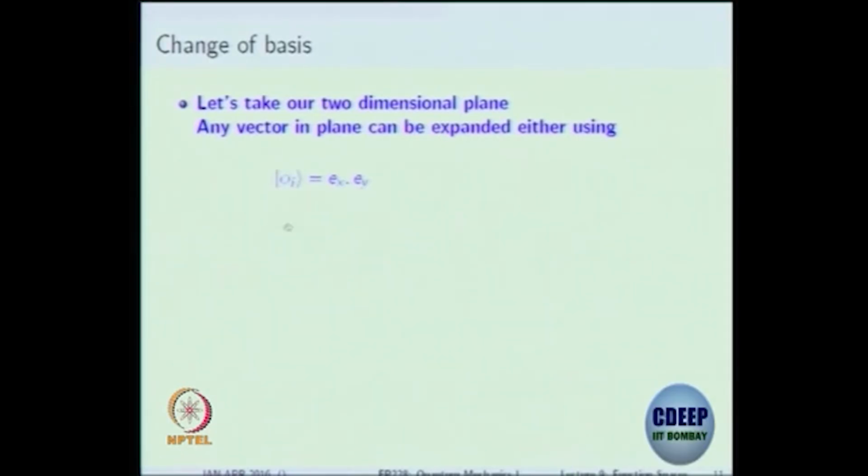You can have phi I, two basis functions in the two-dimensional plane as Ex, Ey, and you can also have another basis function which is a 45-degree rotated basis. This is allowed, right? Both can be used as allowed orthonormal basis functions in two-dimensional vector space. You all agree with this, right?